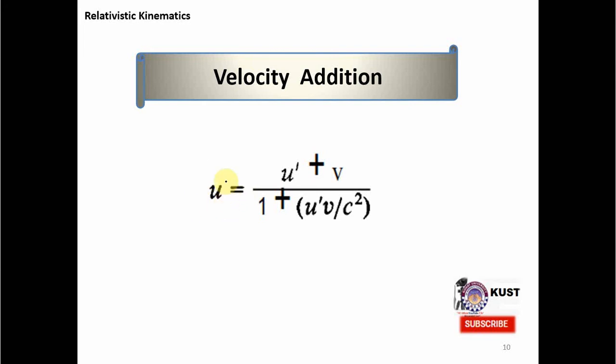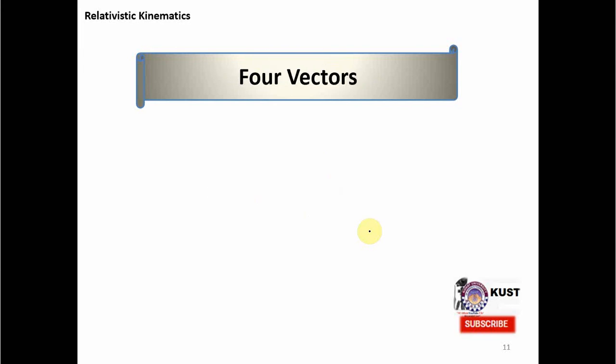For example, this u is the velocity of the object in one frame of reference, and u prime is in another frame of reference, and v is the velocity with which the frame is moving. So this is the relation for the addition of velocities. So this is also a consequence of the special theory of relativity or the Lorentz transformation.